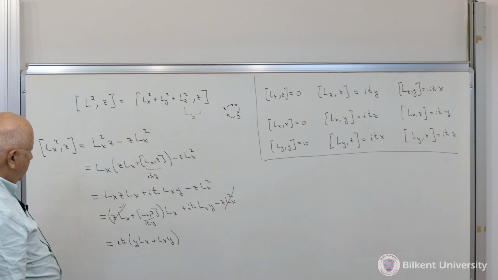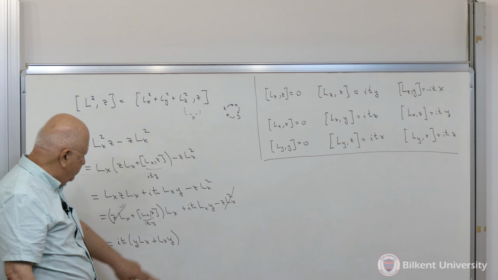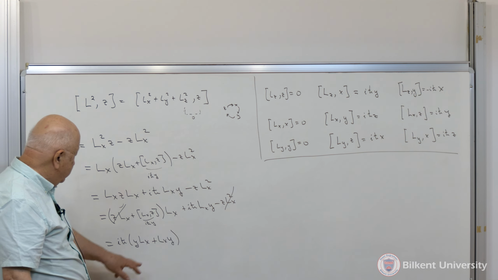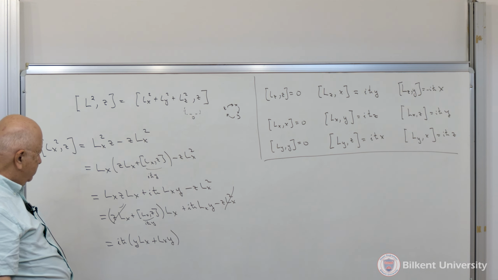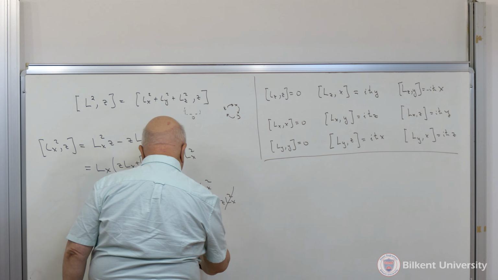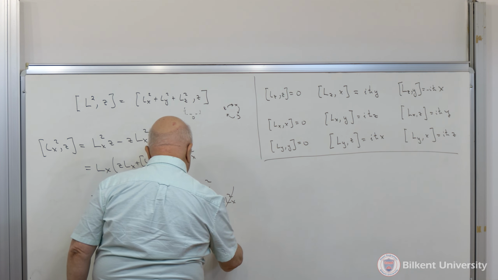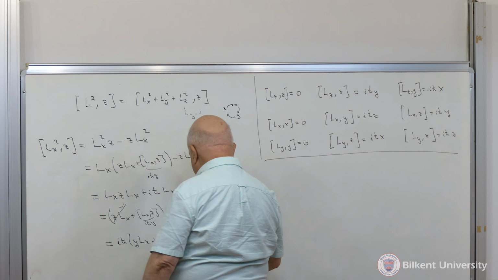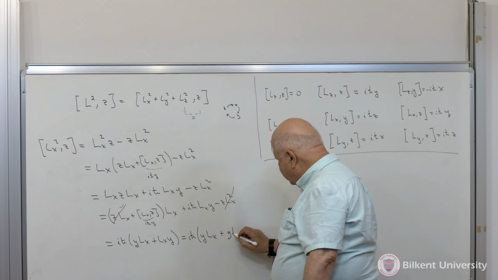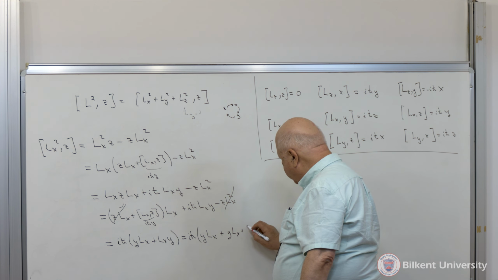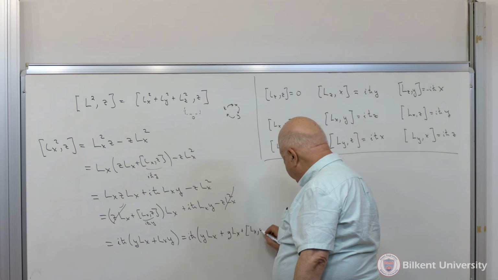And that's it. What I'm going to do is use the commutator again, so that I get the two of them in the same order. So i h bar y Lx plus, instead of Lx y, I'm going to put y Lx again, but I have to put then the commutator of Lx with y, right?